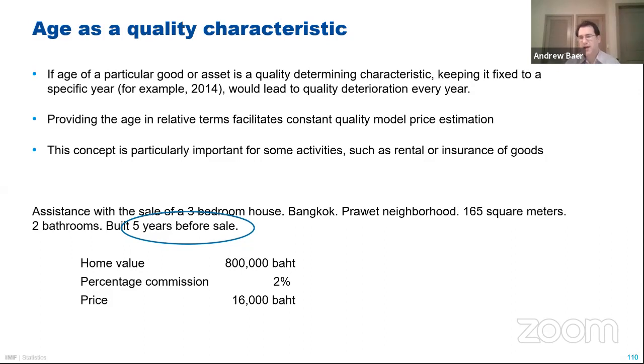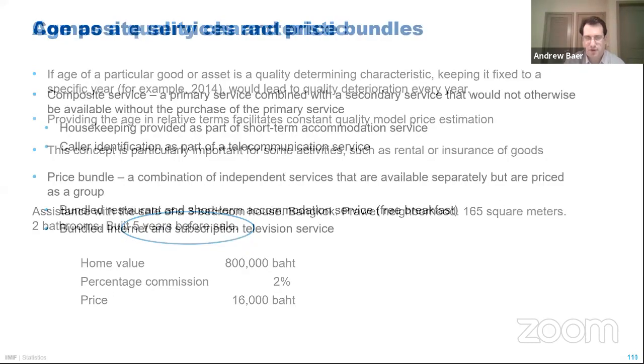The reason why I do that is that next year, to maintain constant quality, I'm pricing a different house. I'm pricing a house that was actually built in 2015 in the following year. Okay, it's still 5 years before the sale. That keeps the concept of quality constant. Really just bring this up as an interesting example of how we have to think about quality sometimes with complex services.